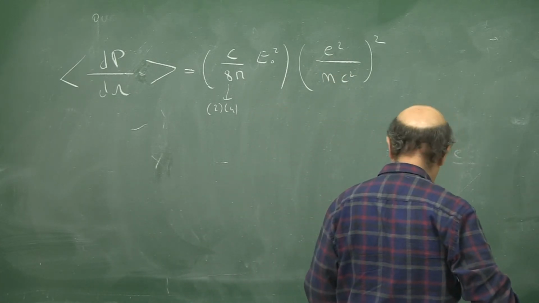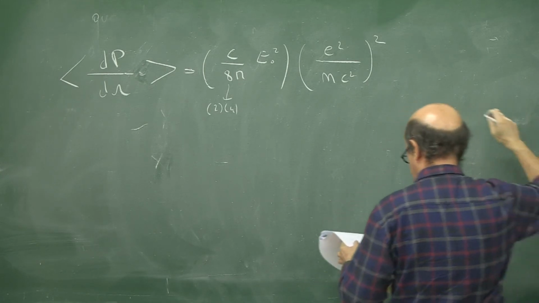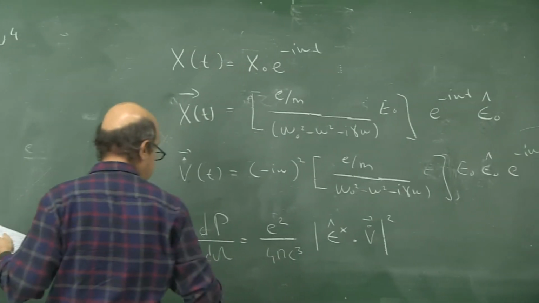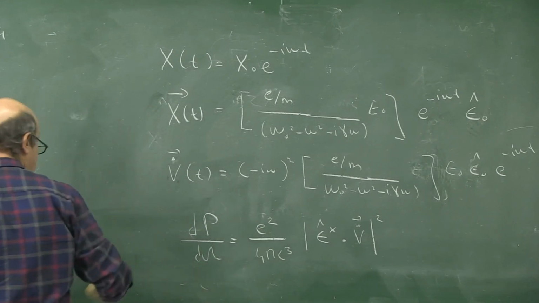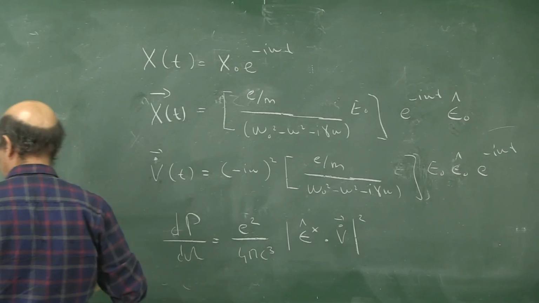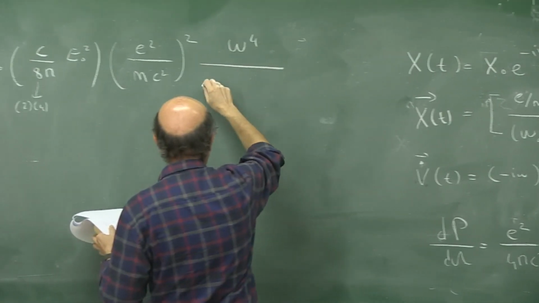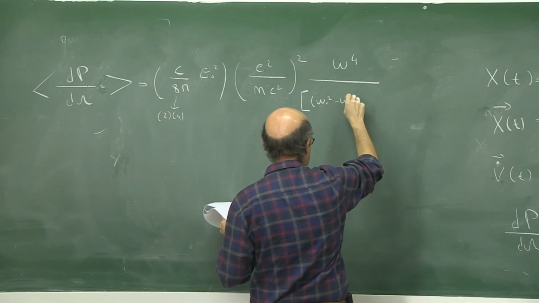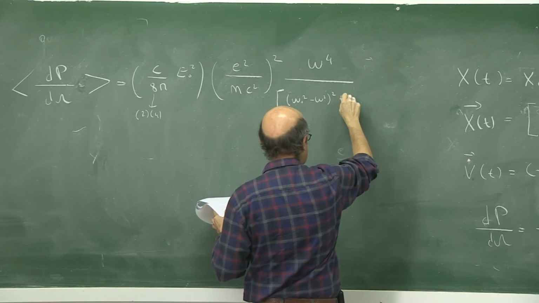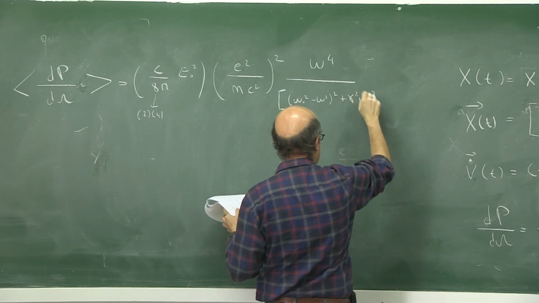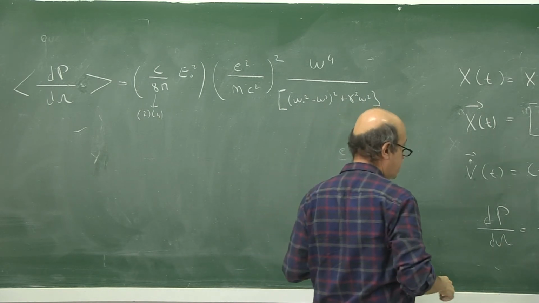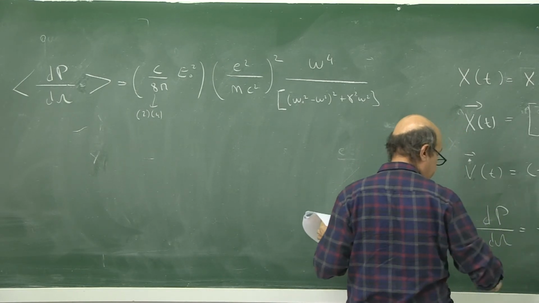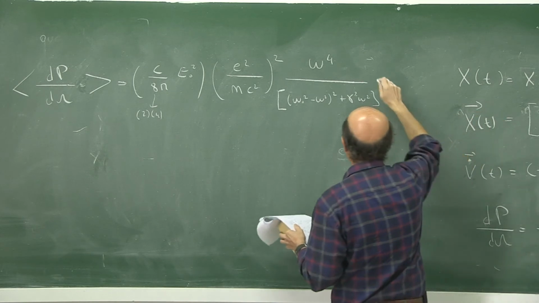And the leftover term will be omega to the 4th power, this one. If you take the square of this, you have to multiply this by the complex conjugate, and you will obtain this divided by omega 0 square minus omega square squared plus gamma square omega square. So if you multiply this with the complex conjugate, you will be left with what? Epsilon complex conjugate dotted with epsilon 0.